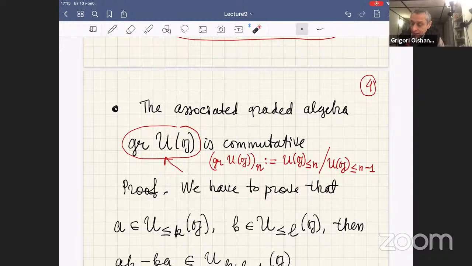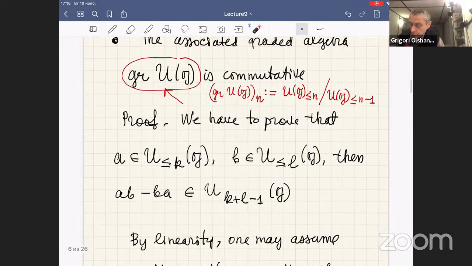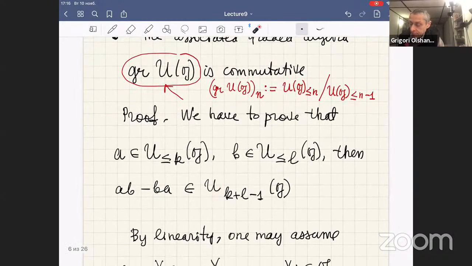But here the claim is that the graded algebra constructed according to this general definition is commutative. So this property just says that it is commutative because modulo the lower degree term, we get here 0, modulo this subspace which has smaller degree.